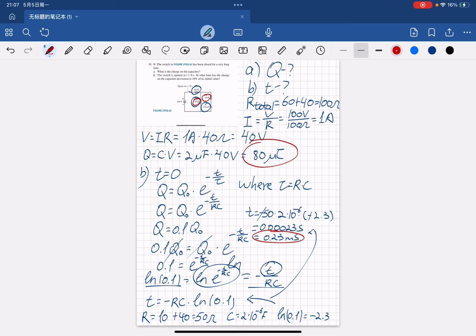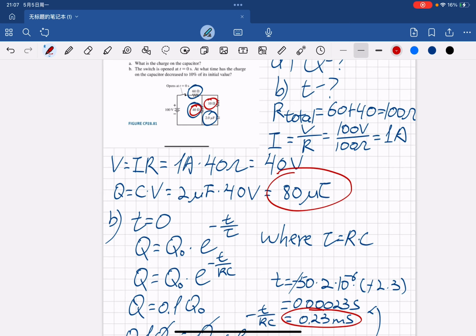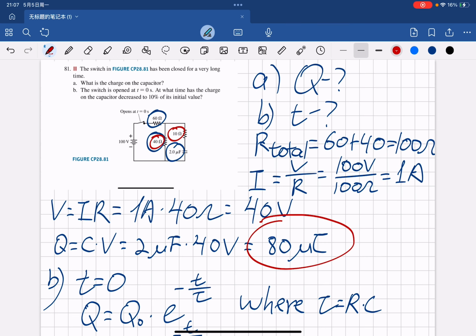And in part B, after the switch opened, it took 0.23 milliseconds for the charge to decrease to 10%. This happens quickly because of the small resistance and capacitance. These types of circuits are very common in electronics, used in timing, filtering, and memory applications.